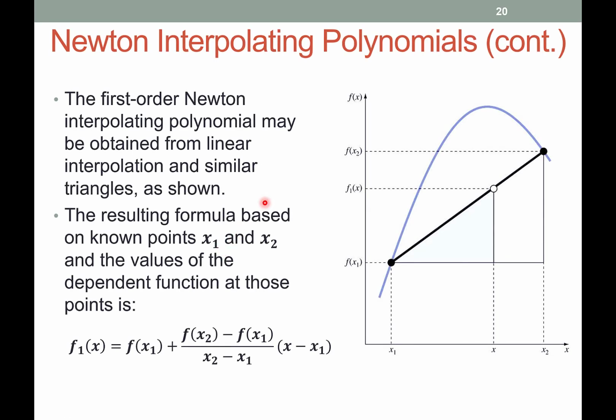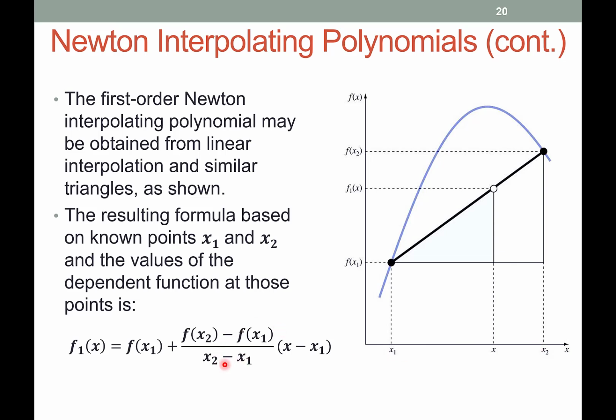One way to look at this is if I had 2 points and we're trying to interpolate between the 2 points, in the Newton approach we're using this first point, f of x1, as a starting point. Then from there, we add the slope of this linear line. This is represented by the finite divided difference of f of x2, which is the value here, minus f of x1, divided by x2 minus x1.